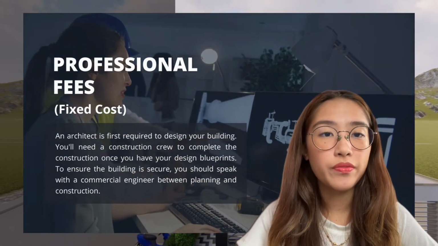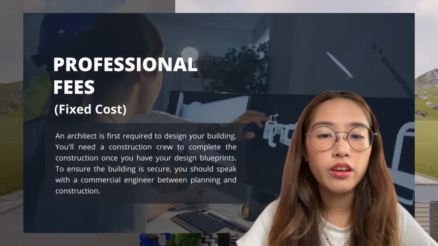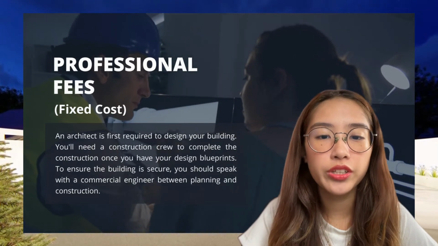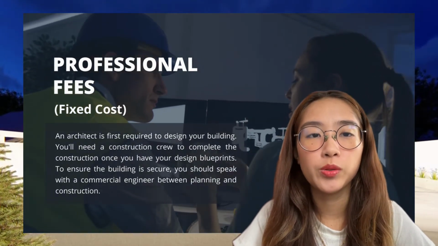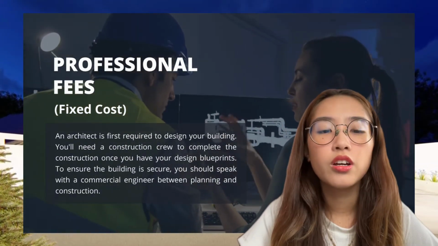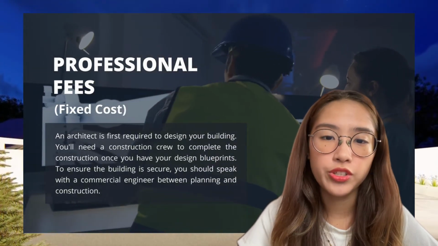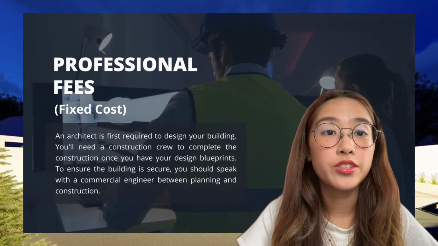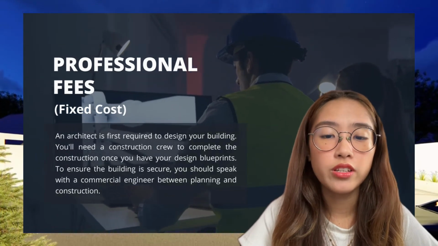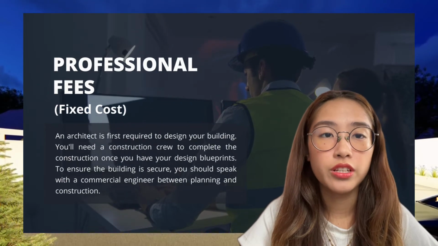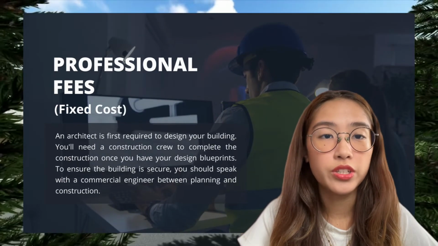So next is the professional fees. An architect is first required to design your building. Next, to ensure the building is secure, you should speak with a commercial engineer between planning and construction. Commercial engineers are involved from the first stages of a project through its completion. They are a crucial step in the construction process since they concentrate on adhering to project safety regulations concerning the structural capabilities of the structure.